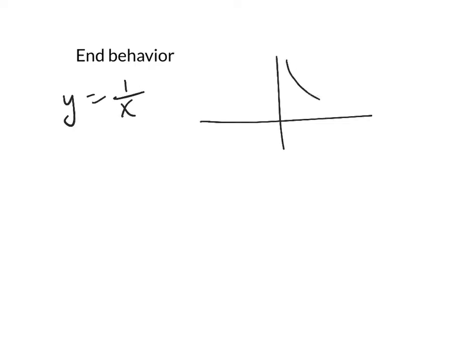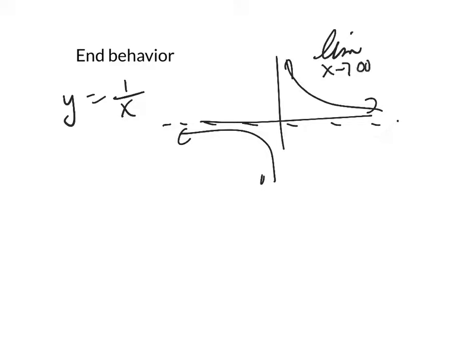So let's talk about the end behaviors. So over here, the basic graph is 1 over x, and this graph looks like this. It has a horizontal asymptote over here. So in other words, the end behaviors, we're using limit notation. So if I approach infinity, meaning I'm going to the right on this function, it seems like the graph is going to be approaching the horizontal asymptote. It's going to be 0.